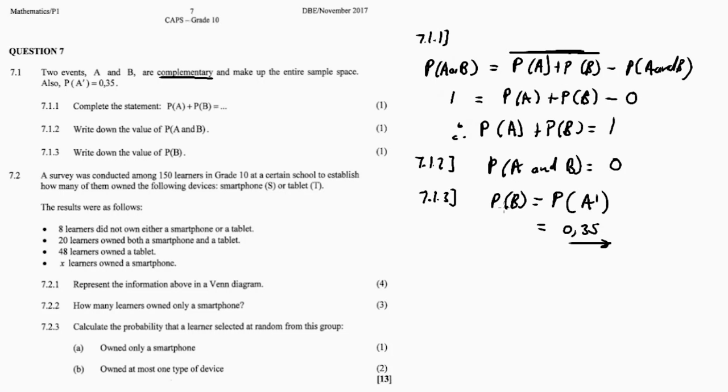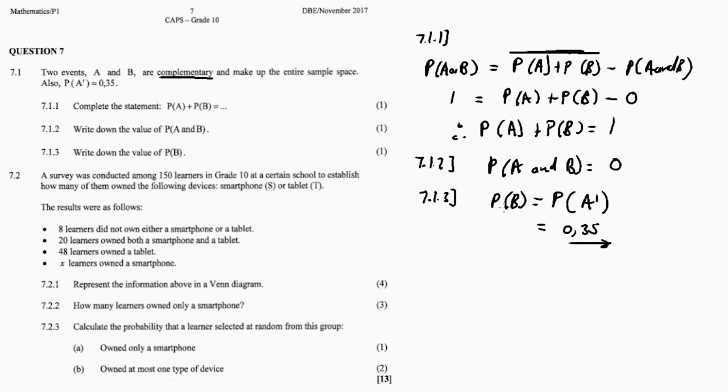Now 7.2, the second part of the question. A survey was conducted among 150 learners in grade 10 at a certain school to establish how many of them own the following devices: a smartphone or a tablet. The results were as follows.